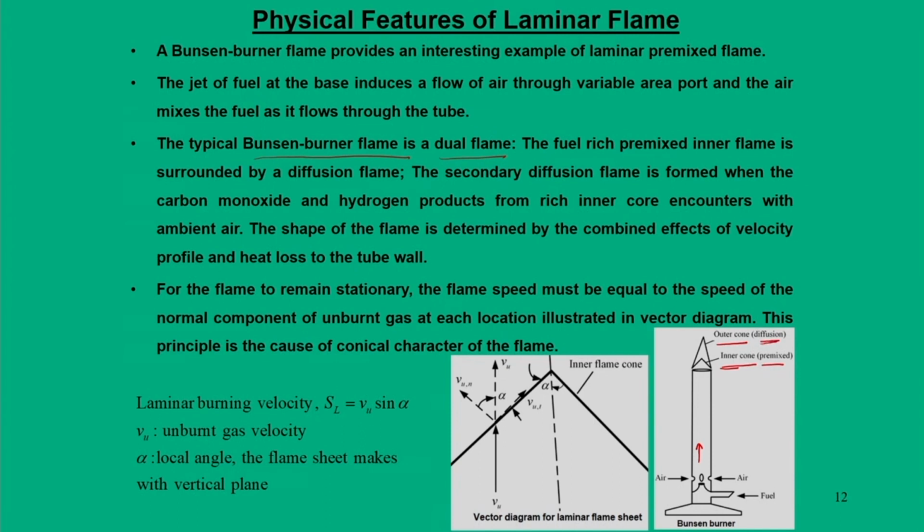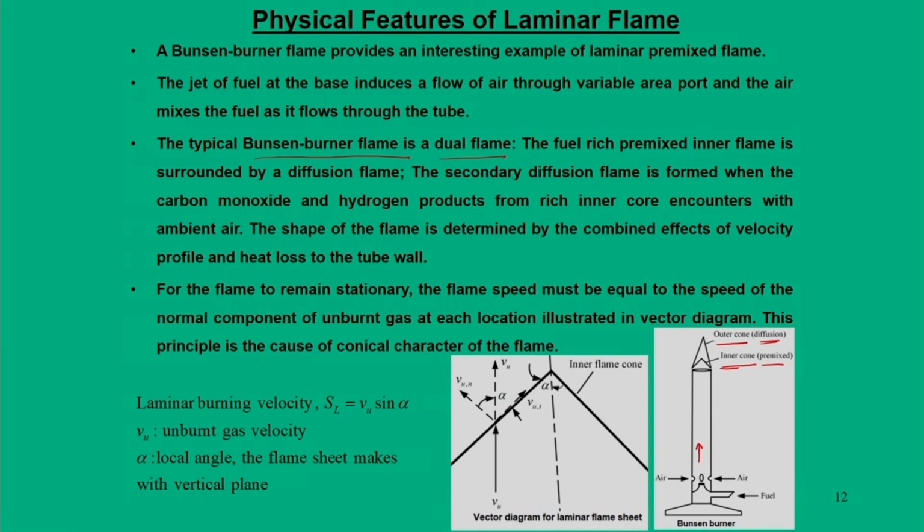So, what does this mean? The fuel premixed inner flame is surrounded by a diffusion flame. The secondary diffusion flame is formed because the carbon monoxide and hydrogen products from the richer cone encounter the ambient air.